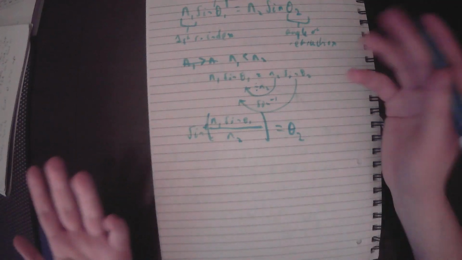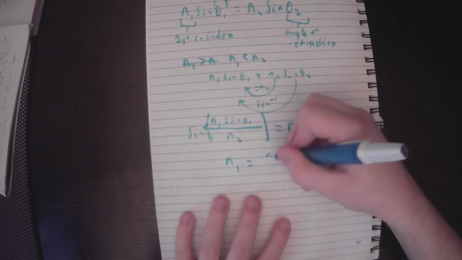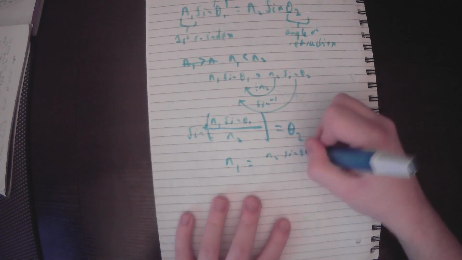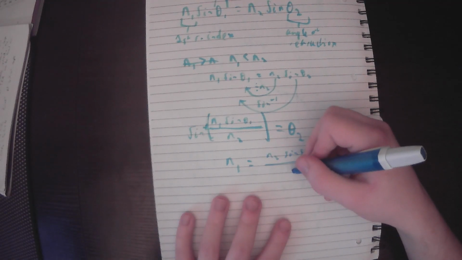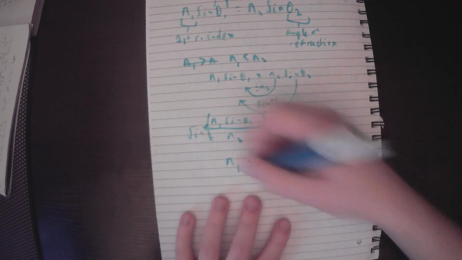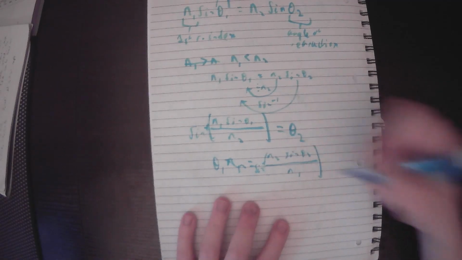So if I sort of show you, I said a bit of a mess there, sorry. If we were to rearrange it the other way, we would get theta 1 equals sine inverse of n2 sine theta 2 over n1.